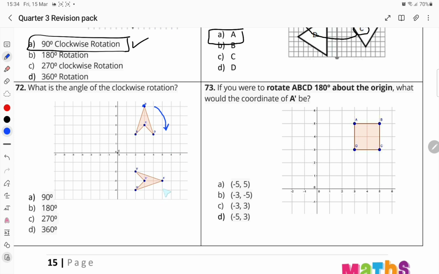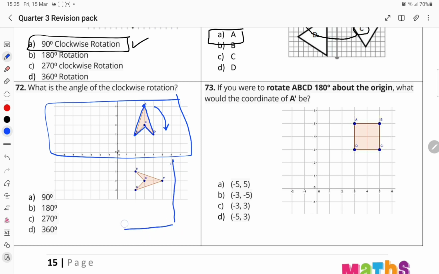It will be A prime. It will be tilted like this. If you have a tracing paper, and you draw this shape on the tracing paper, when you rotate the tracing paper, it will actually appear in this way. So this is 90 degrees clockwise.